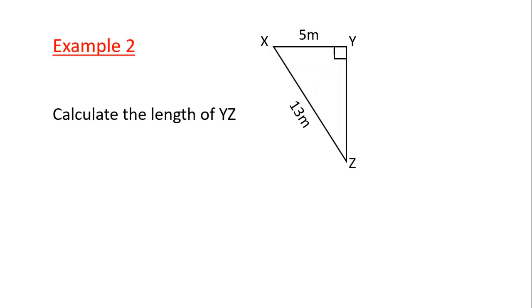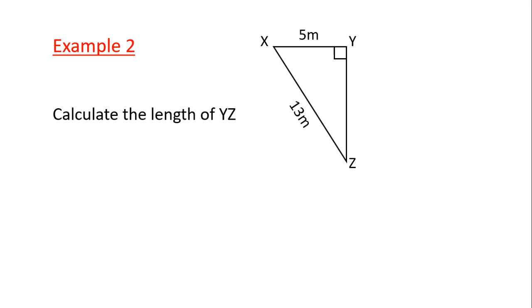Example 2. Calculate the length of YZ. Now YZ is on the right hand side, hopefully you can see it. But my first question we always have to figure out is which line or which part of the triangle is the hypotenuse. So have a look.